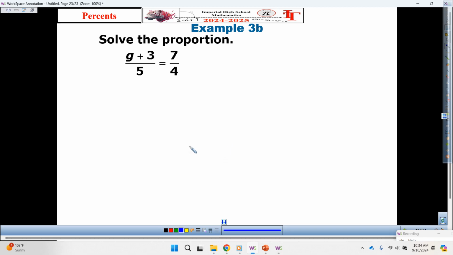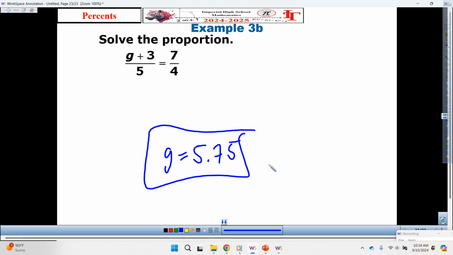All right, let's go to the back, Mario. What'd you get? He said G equals 5.75. Hands if you got that. That is correct. Man, Mario, you're on the ball. All right, so we good with proportions.